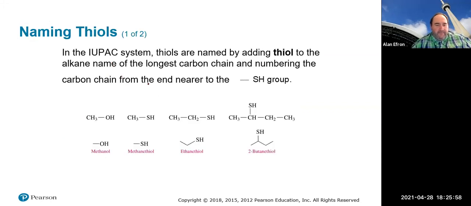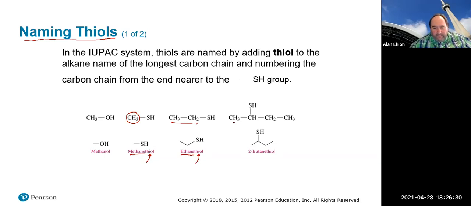You don't have to worry about naming thiols for me, but we'll talk really briefly about how you go about naming them, just so you have an idea. The way we go about naming thiols is to take the longest carbon group and keep the name. So that's methane, 1 carbon. So you can see methane is here, and then you put thiol at the end. So that's methane thiol. Here we have 2 carbons, which is ethane, and you put the thiol at the end.